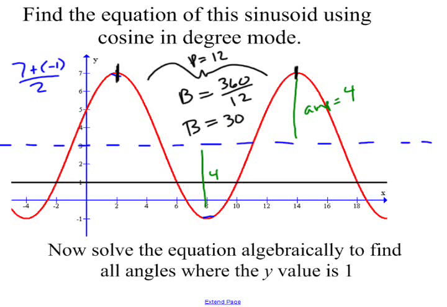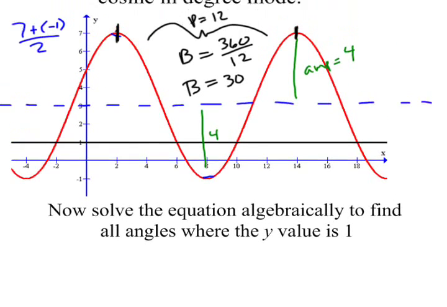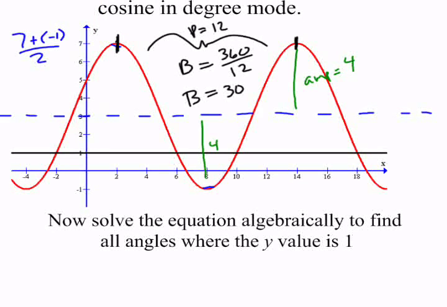So let's put all this information together. I have my amplitude, which is 4, my sinusoidal axis, which is 3. It starts at its max, so it's a cosine curve. I found my b value is 30. And the other thing we didn't talk about is the shift, and it's shifted right 2 units. So I'm going to go x minus 2, and that's the equation.